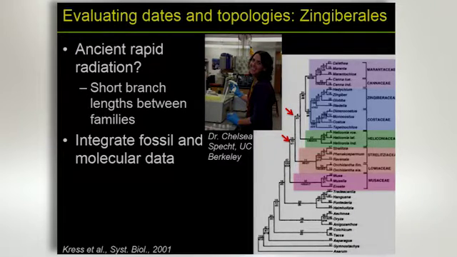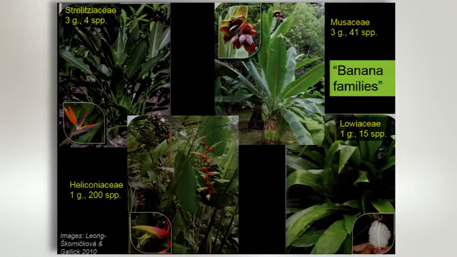And the backbone of the tree, the relationships between the lower families are not so well resolved, so we were hoping by doing this that we could address that as well. So there are 8 families in the order.